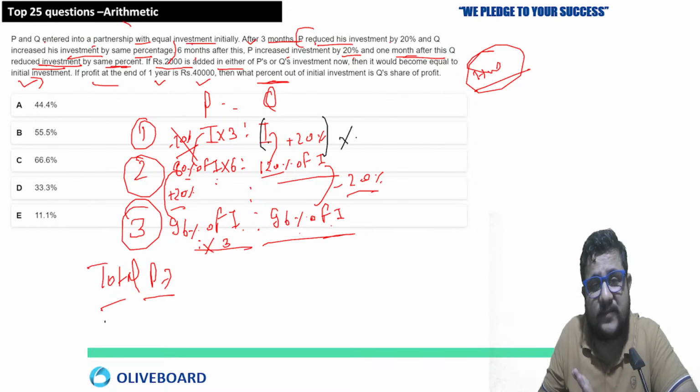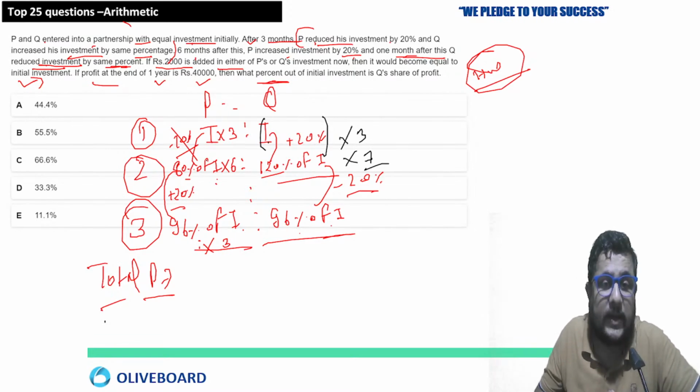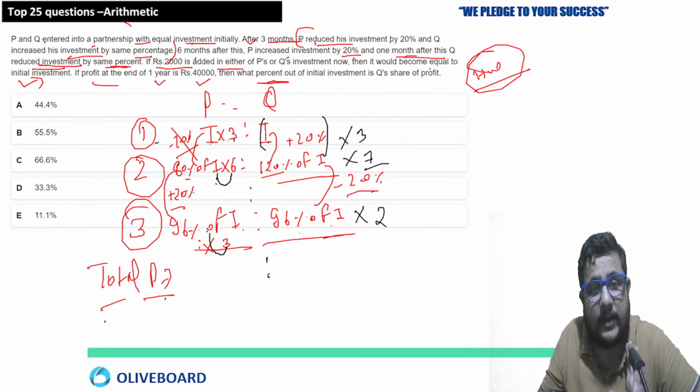Just see now, this is for 3 months and this is for 7 months. Why? I'm talking about Q's investment. What we are trying to calculate here is the profit ratio by the product of investment and time. So first investment multiplied by time, plus second investment multiplied by time, plus third investment multiplied by time. Similar for Q also, right?